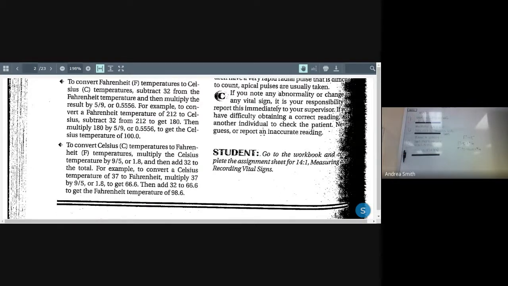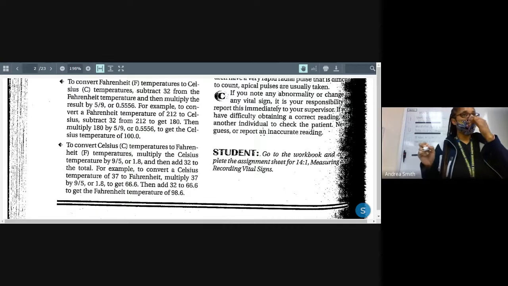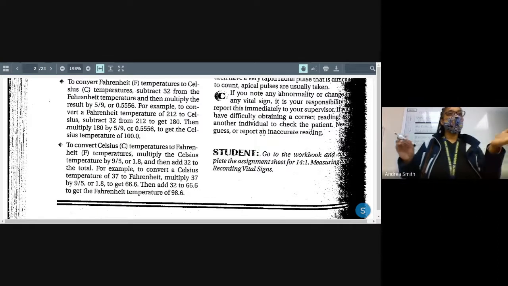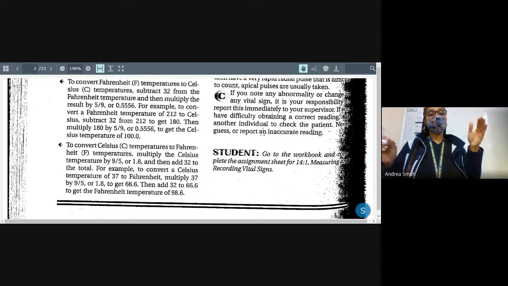So in the book on page 350, it's going to tell you how to convert and give you an example. So if you have your phone or a calculator where you're sitting right now, let's just go ahead and do it.